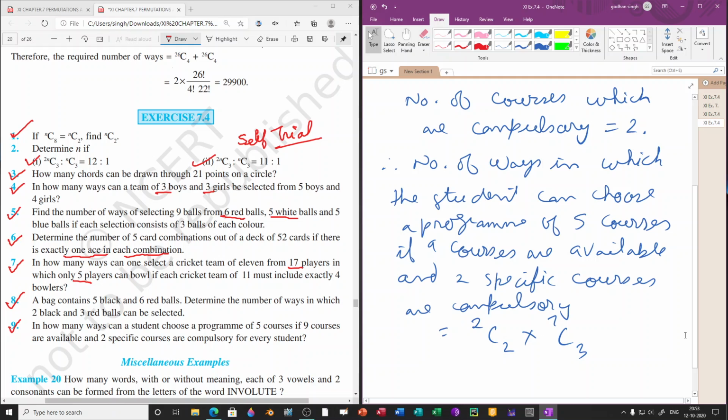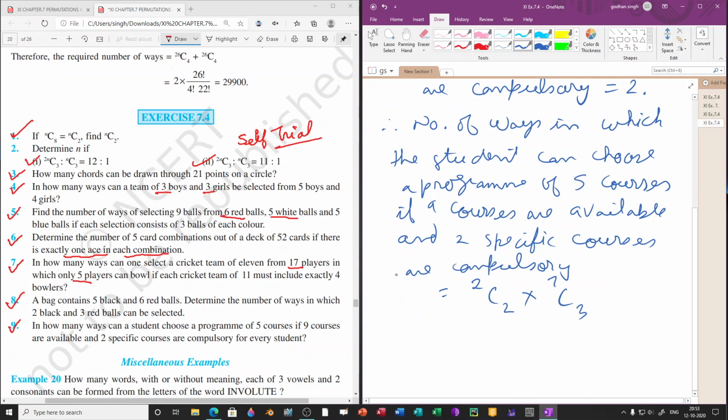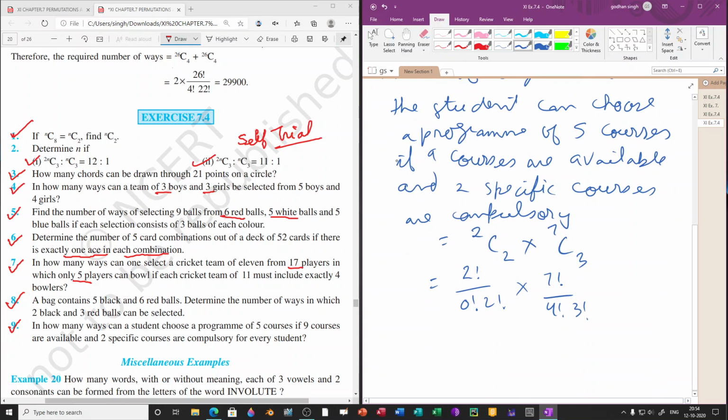So now simplifying it further, just applying the formula of NCR equal to 2C2, that is 2 factorial over 2 minus 2, that is 0 factorial into 2 factorial, into 7C3, that can be written as 7 factorial over 7 minus 3 is 4 factorial into 3 factorial. So now simplifying it further, 2 factorial and 2 factorial cancel out. You get here 1, and 0 factorial we already know is 1.